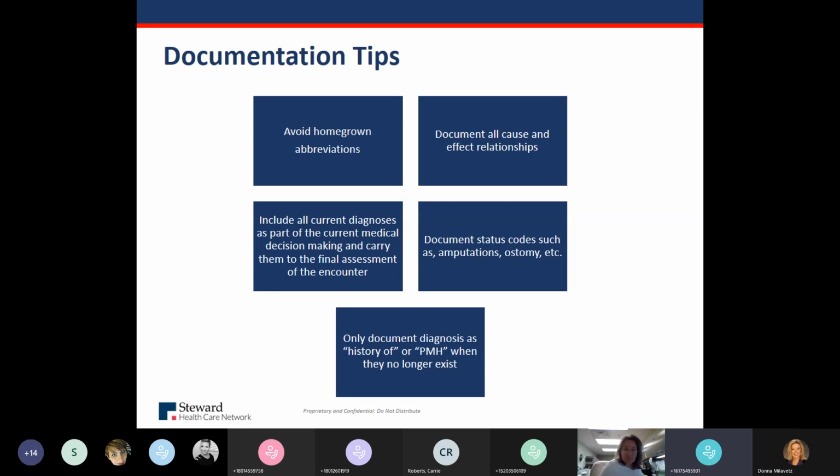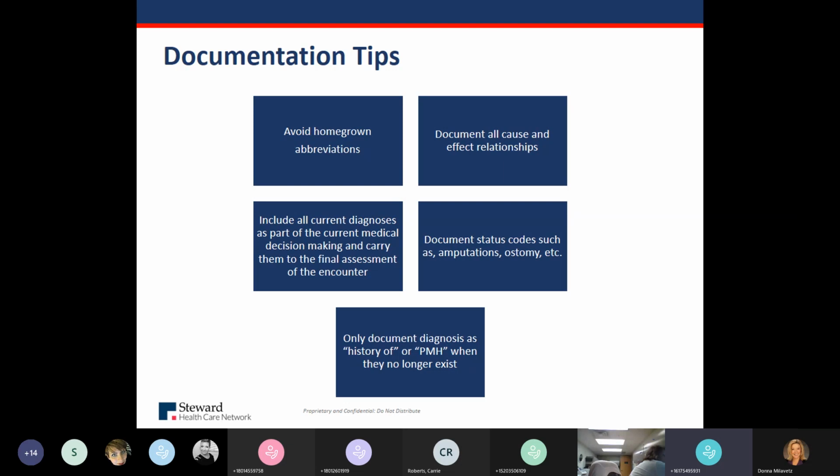So, just documentation tips for all practices and providers. Avoid homegrown abbreviations. If ever audited, or if my team is ever doing some medical record auditing, we see if there's any education that needs to be communicated to providers.